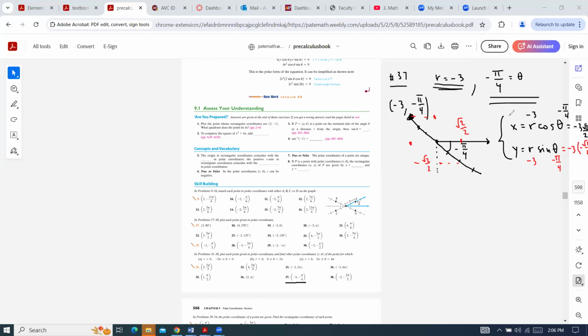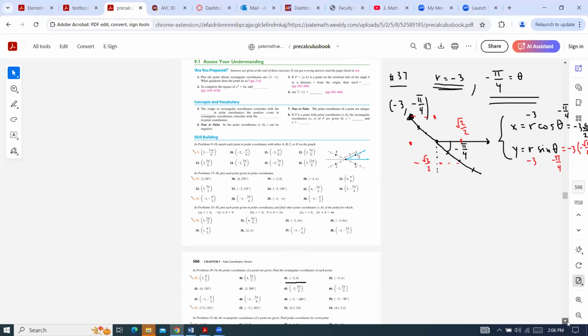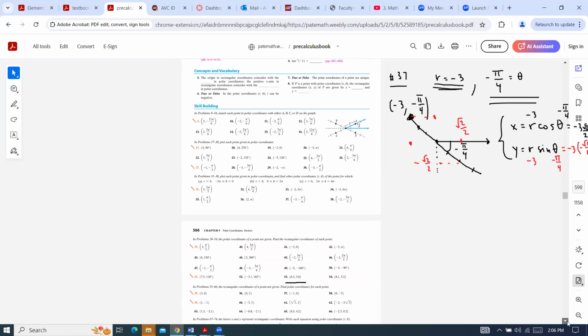So the idea is if you have the pair r and theta, you can always convert it to the pair x and y. In fact, I can find an exercise that asks for that, and that could be interesting. Find polar coordinates.